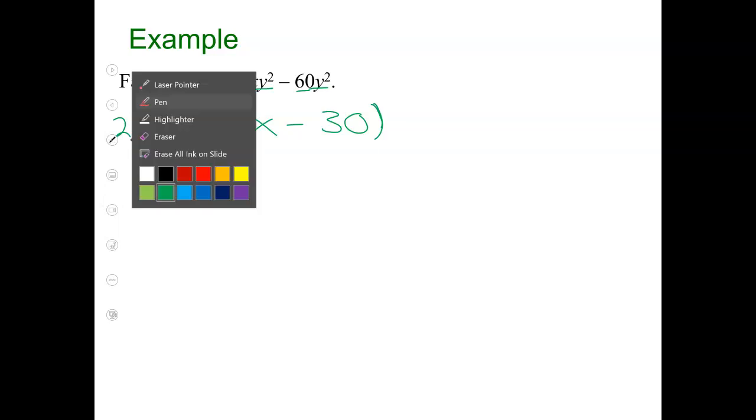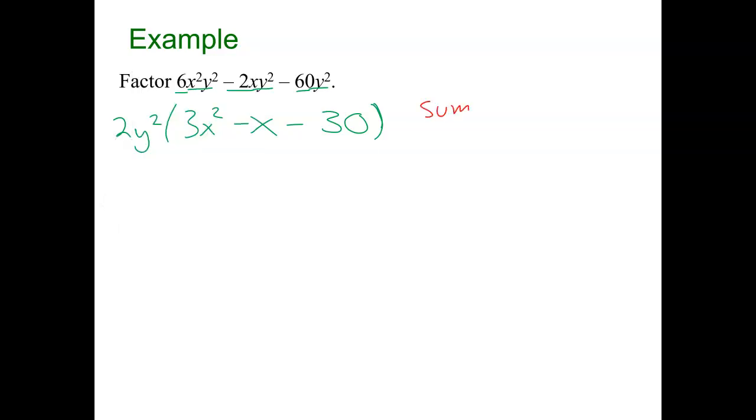What do I need a sum of? Negative 1. What do I need a product of? Negative 90. So what two numbers multiply to give me negative 90 and add to give me negative 1?